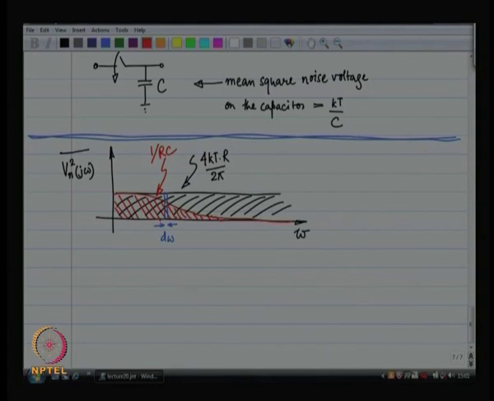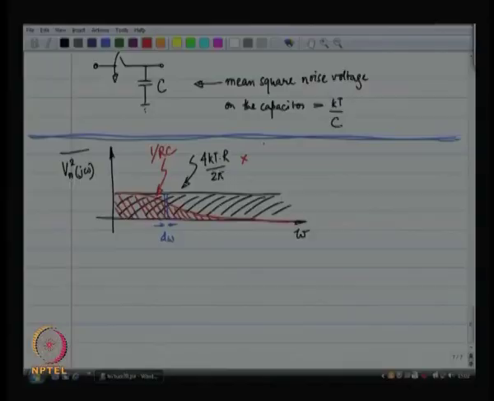So, if you multiply 4 kT R by 2 pi times 1 by RC, that is the portion that is coming through, the remaining portion is not coming through. If you make that as a first order approximation, then R cancels with R and you get kT by C times 4 by 2 pi.